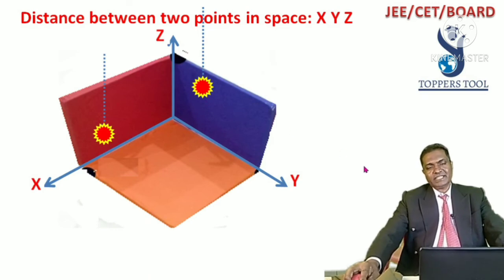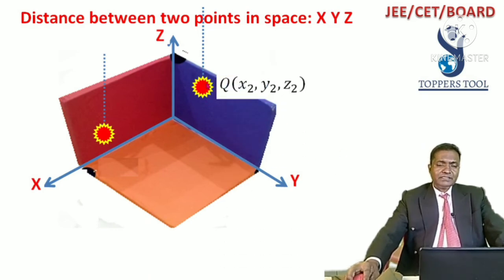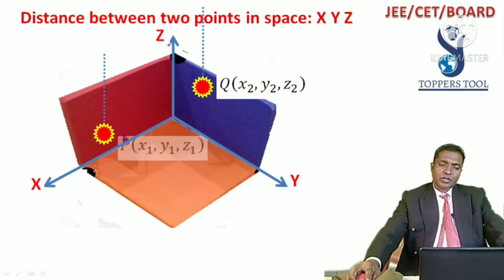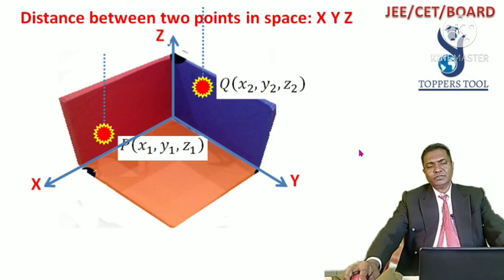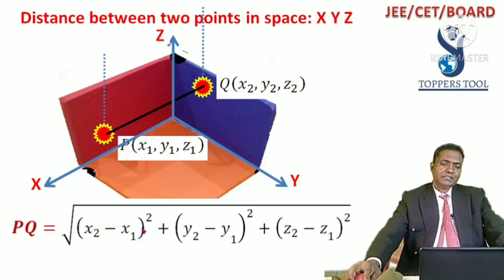Imagine that the positions of these points are x1, y1, z1 and x2, y2, z2. We are interested in this distance, and how can we find it? By the distance formula. The distance between any two points in space is given by this formula that you studied in 11th standard, and we are going to use this. So it has to be remembered.